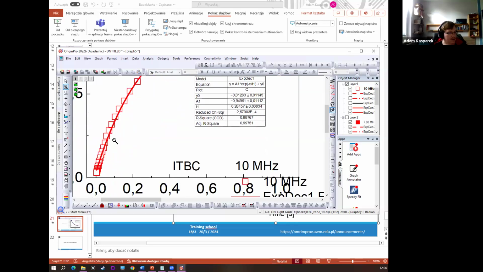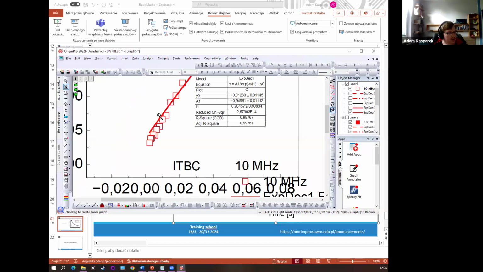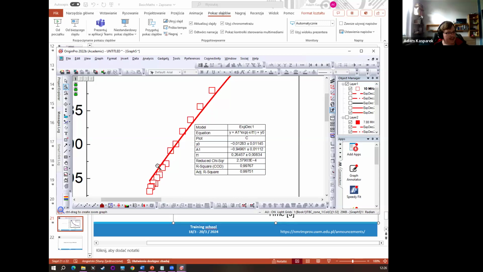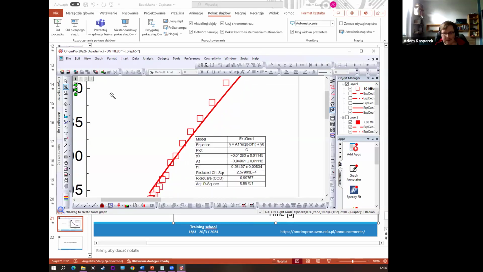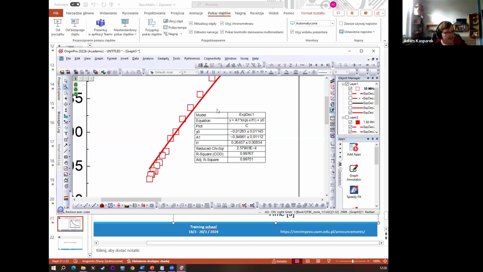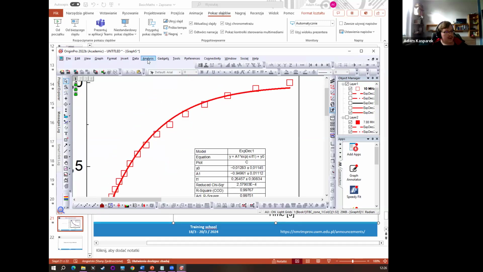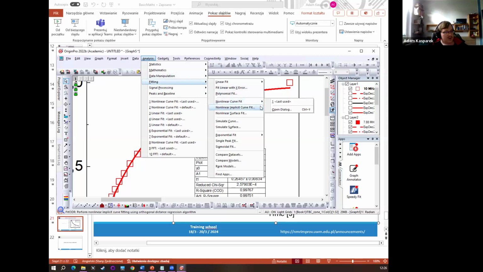If we look here, we can also see that the shape is a little different, similarly to the previous example, a little different bend than given by one exponential. We can try one more time, use stretched exponential, and to be more exact, the program will do it for us.